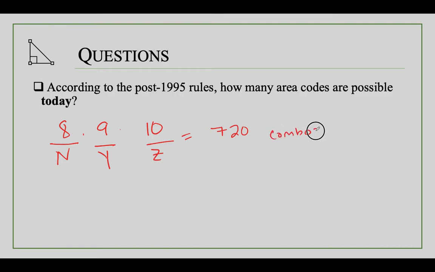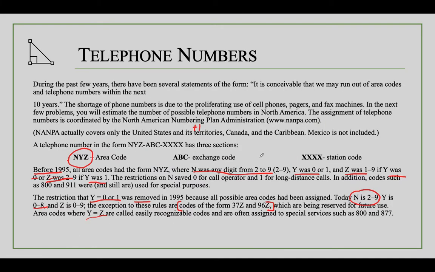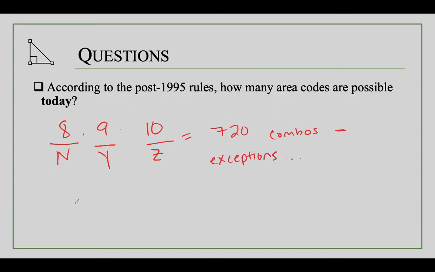But we need to subtract the exception, which said 37Z and 96Z. Okay, so let's think about this. Z has 10 options.